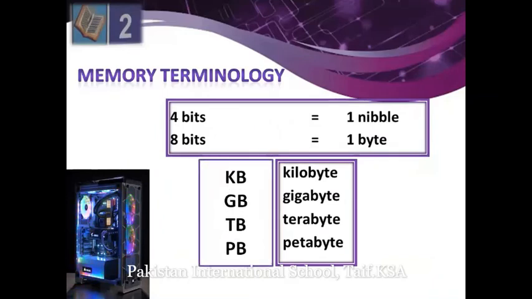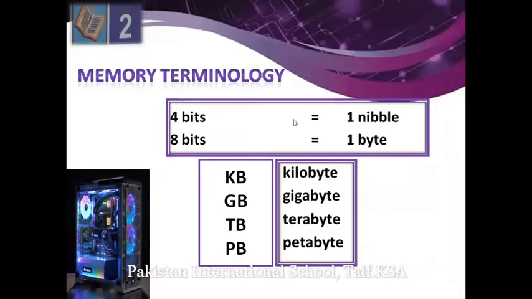So here we have a table. 4 bits is equal to 1 nibble, meaning that when we combine 4 bits, it equals 1 nibble. And when we have 8 bits, it equals 1 byte. After that, computer memory is measured in terms of bytes, so we can express all the terms with the help of bytes.